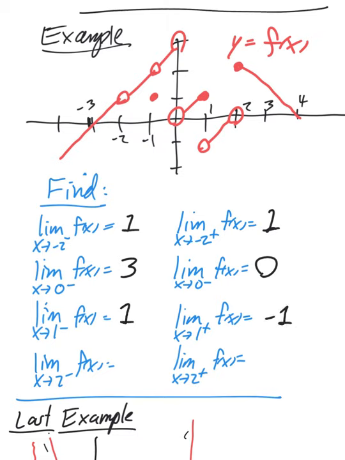As x approaches 2 from the left, we see that the limit is 0. Y values are close to 0. As it approaches from the right, the limit is 2, because the y values are close to 2. So that's left and right-hand limits, a little bit more of a refined version of the limits we talked about before.